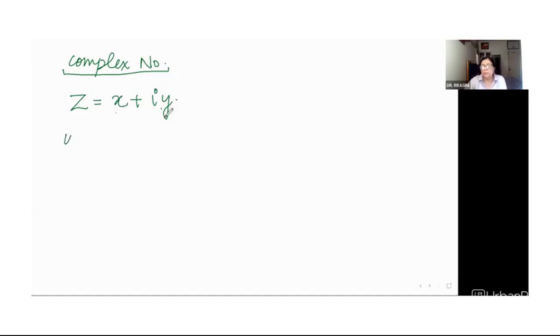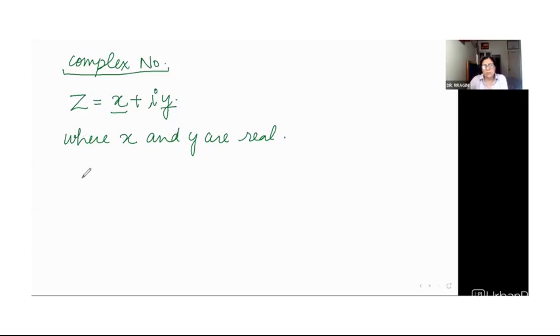Here are very tricky things which might be there in MCQs in your exam, so be precise about these things. x and y are real. So z is a complex number equal to x plus iota y, where x and y are real. What are real numbers? The numbers you have studied till now, which include integers, rational numbers, irrational numbers. So x and y can take any value out of those real numbers.